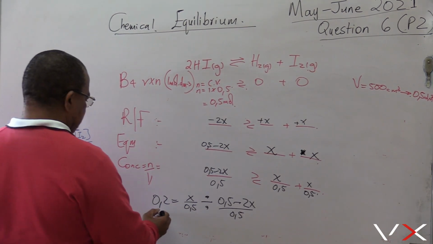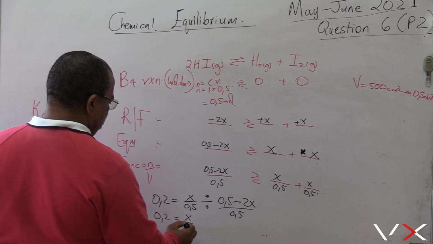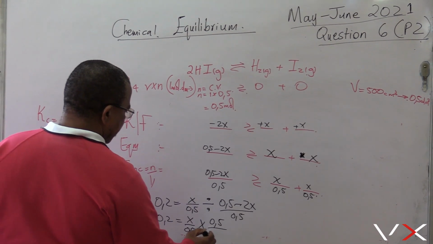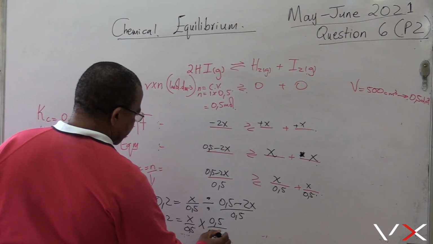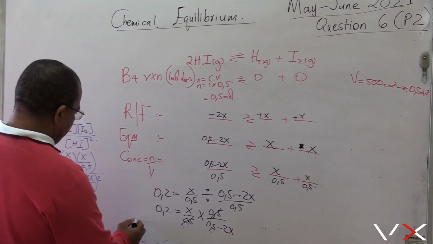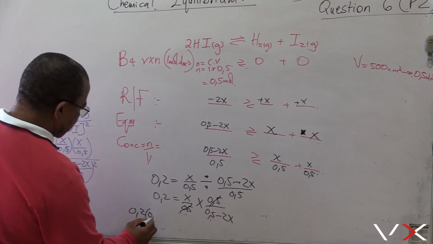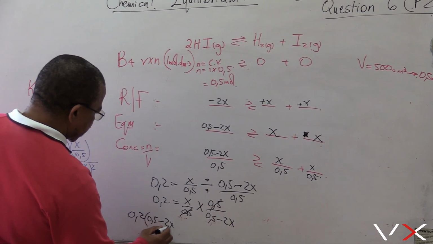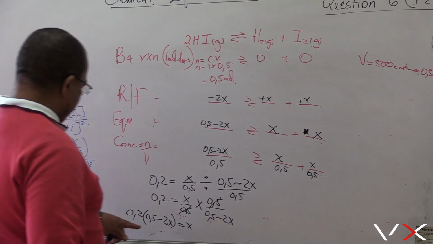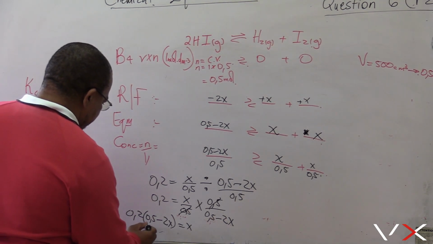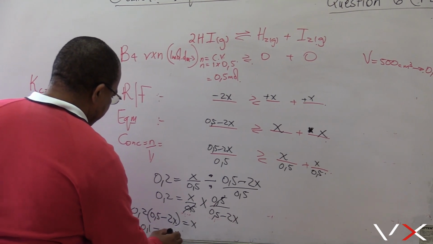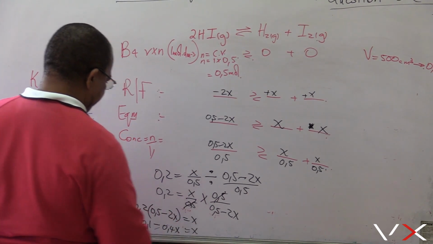So we have 0.2 is equal to x over 0.5 times 0.5 divided by 0.5 minus 2x. These cancel, yeah? Then we are left with 0.2 times 0.5 minus 2x is equal to x. Half of this is 0.1 minus 0.4x is equal to x.